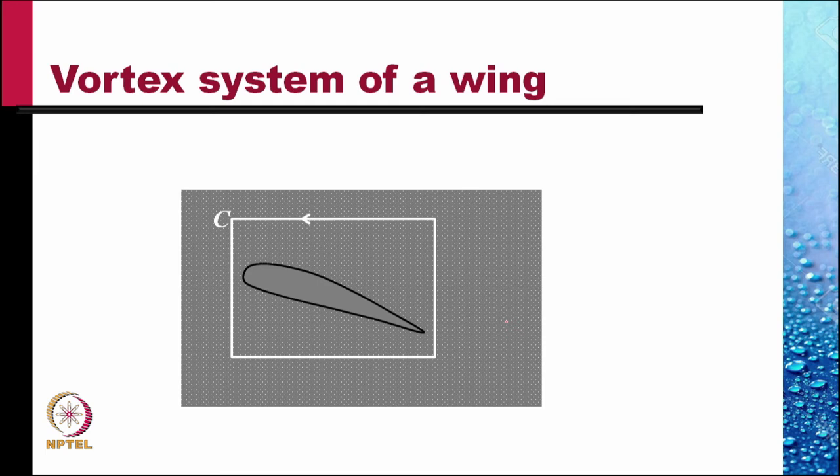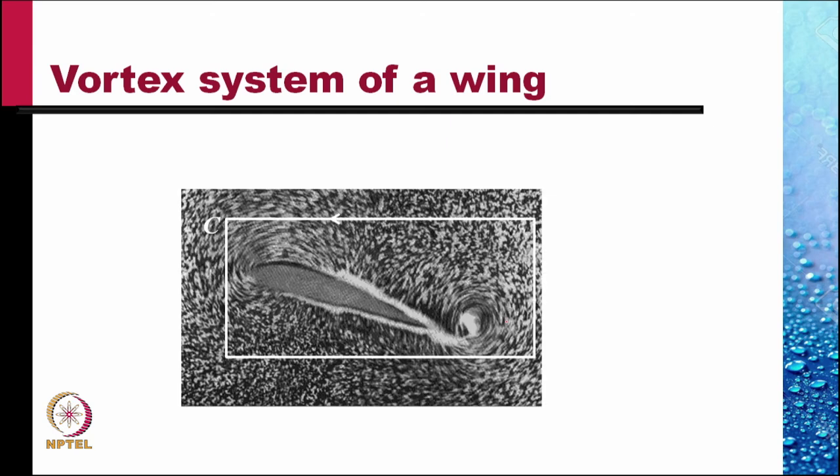Now let us assume that the fluid starts moving to the right. As the fluid starts moving to the right, this circuit would stretch and would occupy a position like this.